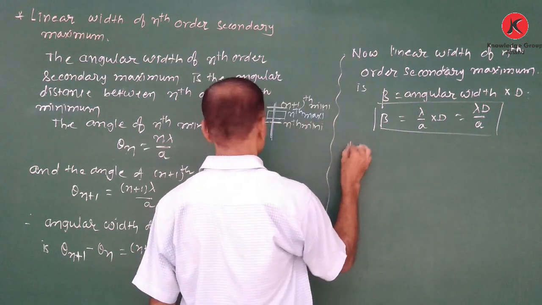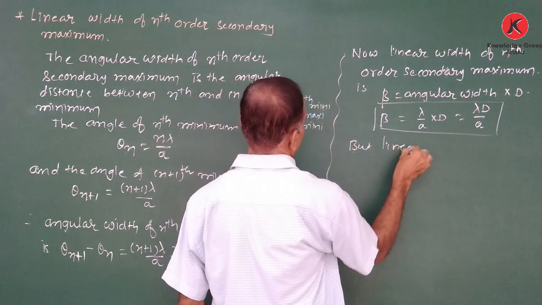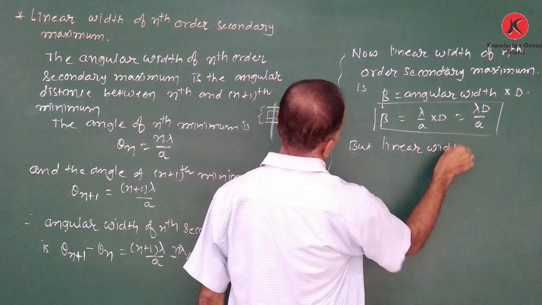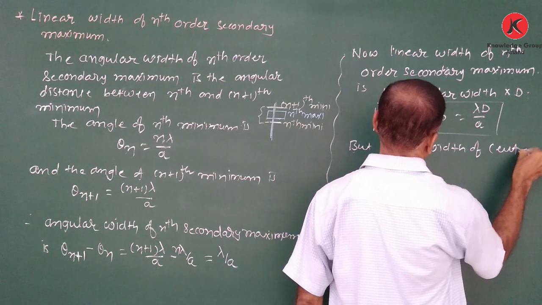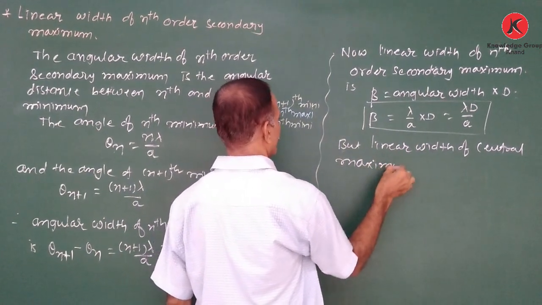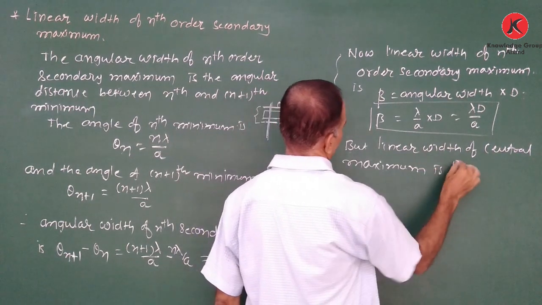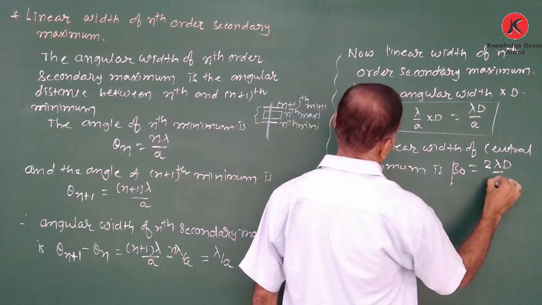But we know that the linear width of the central maximum is beta 0 is equal to 2 lambda D upon a.